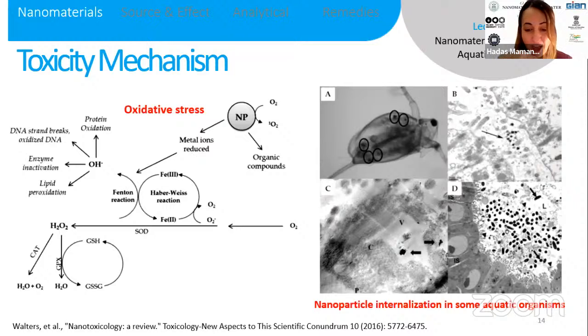We can also have initiation of lipid peroxidation, which is also an interaction of the radicals with the lipids. And also we can have DNA strand breaks and modification of the nucleic acid. We can have a change in the gene expression.